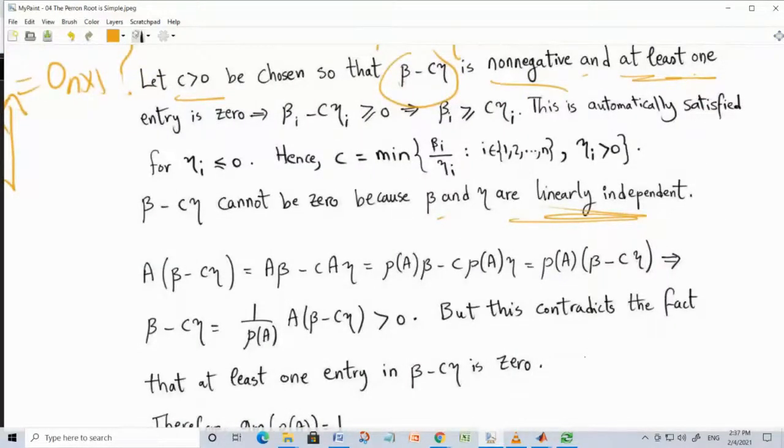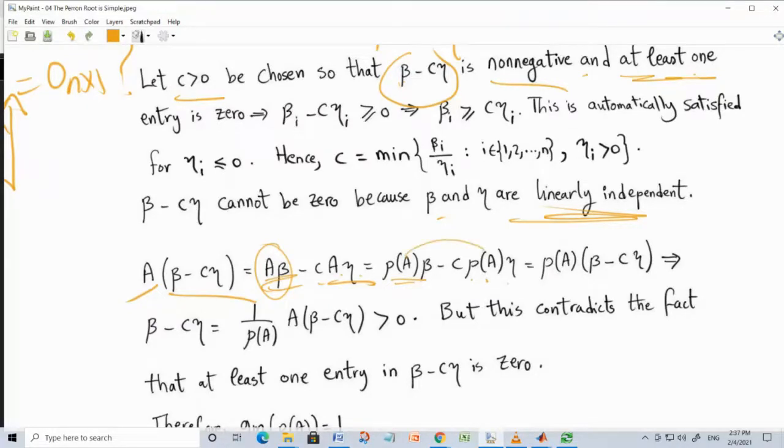Okay, so here is the trick. Take A multiplied by beta minus C eta. This is equal to A beta minus C A eta. Now beta is an eigenvector associated with rho of A, so A beta is equal to rho of A beta. A eta is the same: A eta is also equal to rho of A eta.